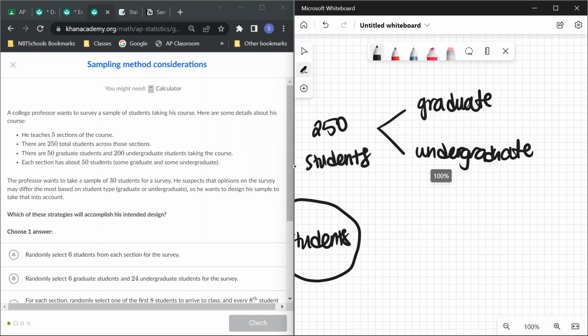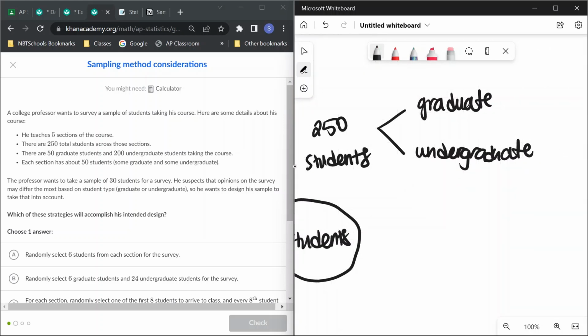Graduate or undergraduate? Okay. So this is group 1, group 2, and then each is going to be given... what?